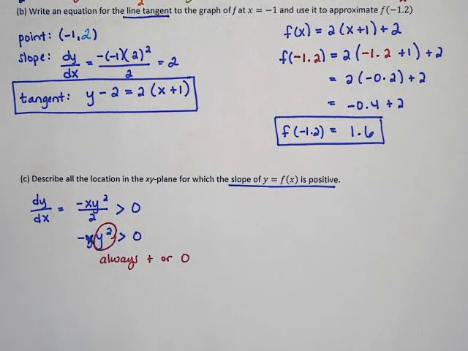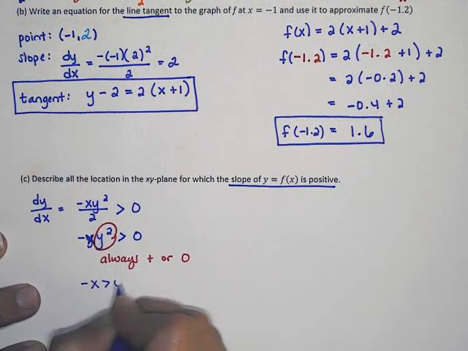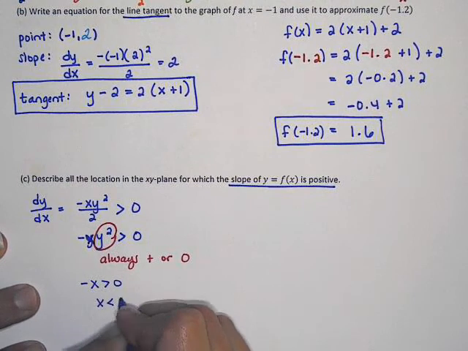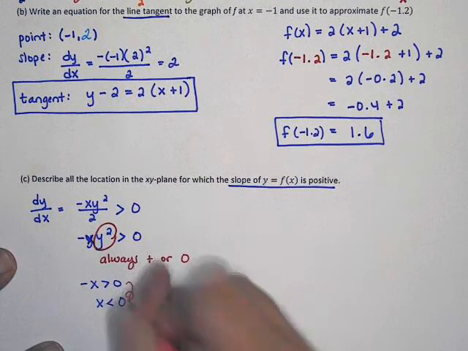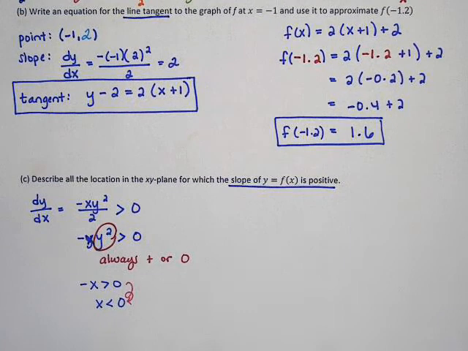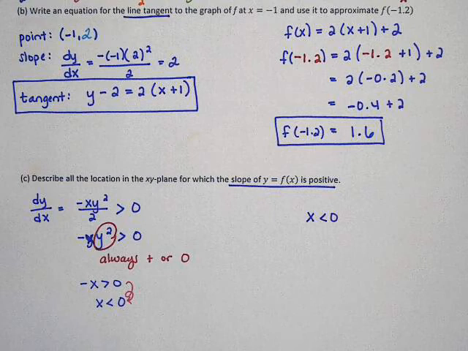Now -x is only going to be greater than 0 when x is negative. If I divide by a negative when I'm solving an inequality, I need to remember to flip the inequality symbol. So I can say that I can guarantee my slopes are positive when x is less than 0.